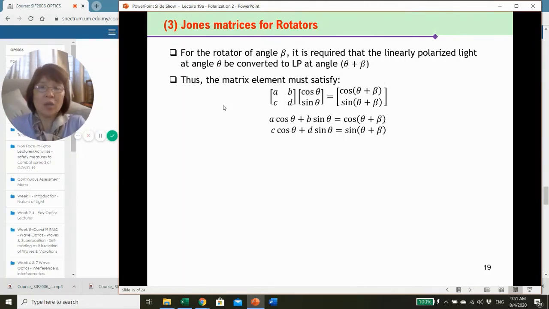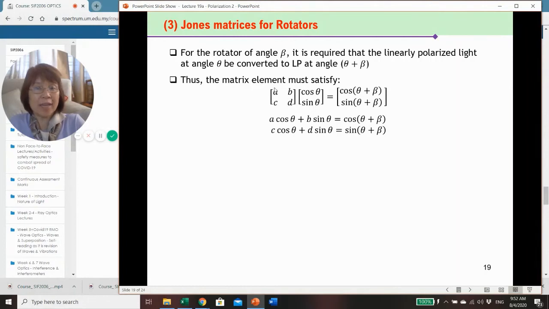That's what we want. So we have a linearly polarized light inclined at angle theta represented by the Jones vector cosine theta, sine theta, and that should give us a resultant linearly polarized light with an angle of inclination theta plus beta, and over here cos of this and sine of this.